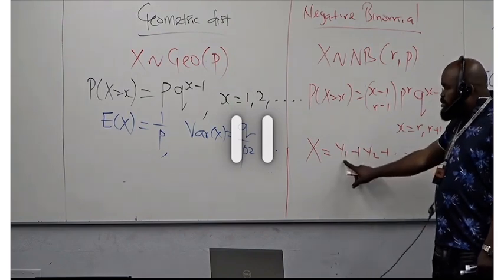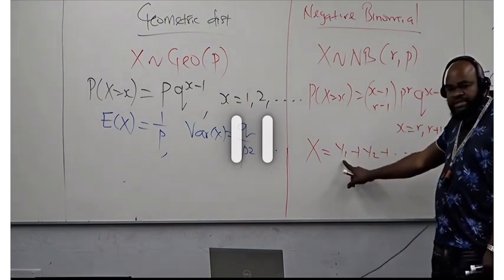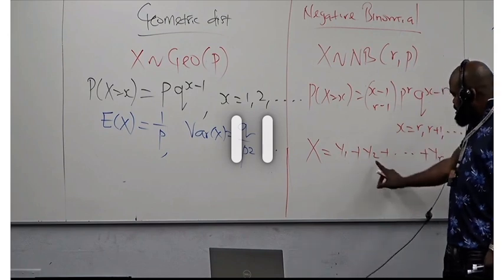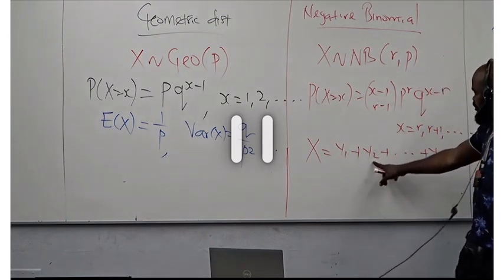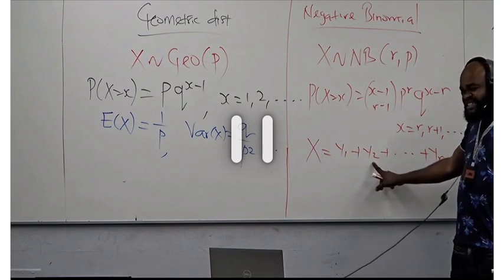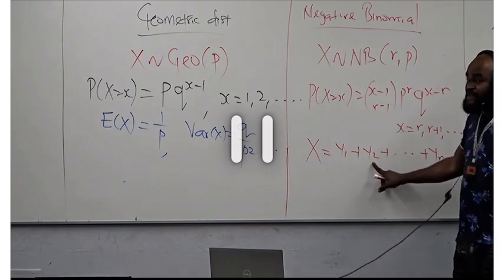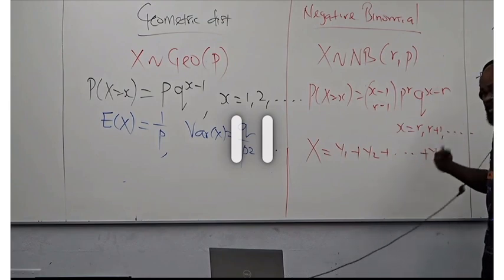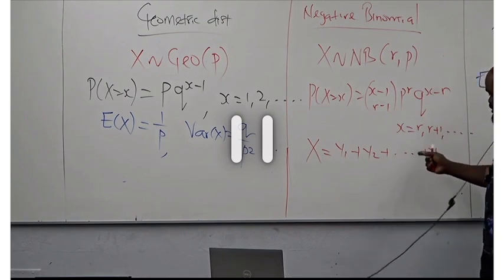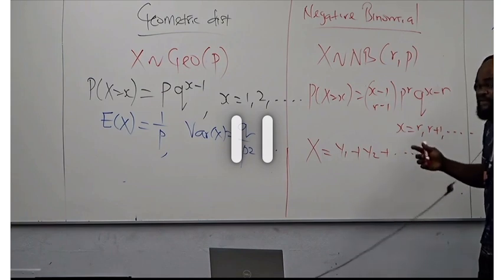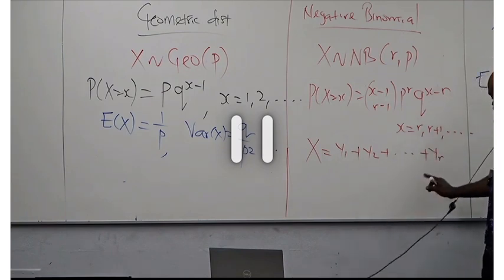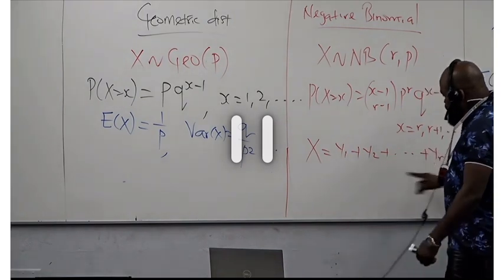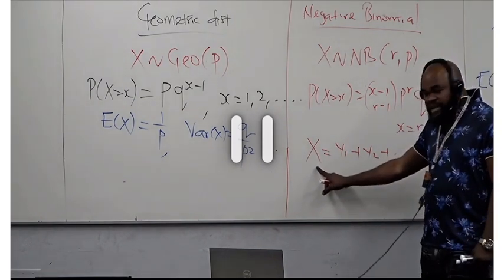Let's say Y1 means the number of Bernoulli trials before seeing the first success. Y2 is the number of Bernoulli trials before seeing the second success after we have seen the first. Y3 will be the number of Bernoulli trials before seeing the third success after we have seen the first and second. Does that make sense? If I do this up to Yr, the sum becomes negative binomial.